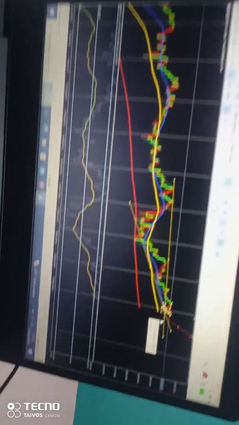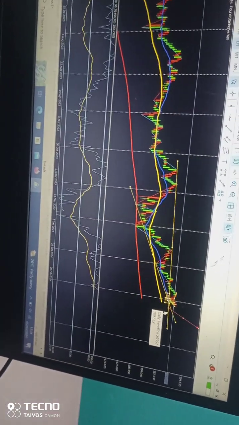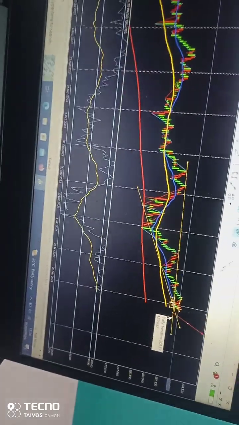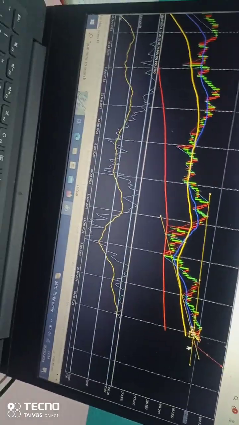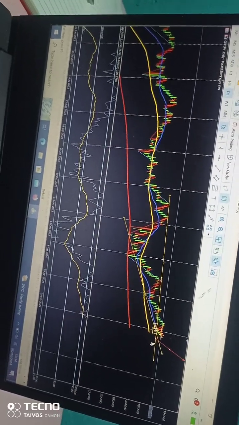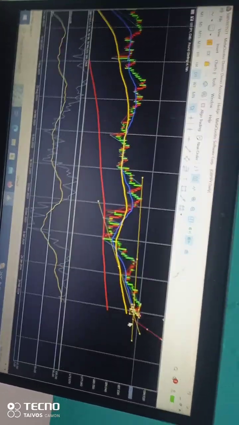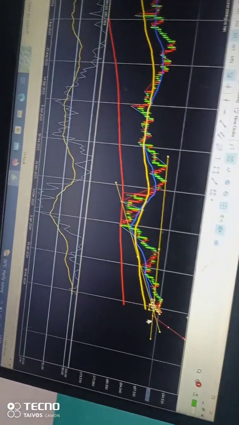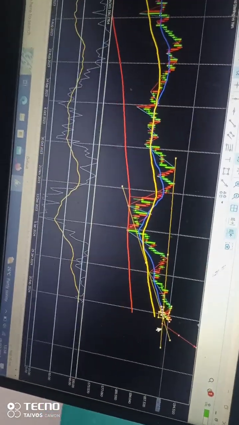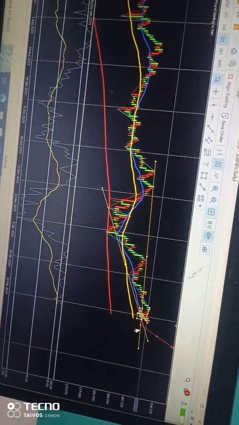Because I know clearly that it is going to go up. And if I have like 90%, even if I sometimes over-risk, it means I have a very high potential of making profit, because the market is going my way.